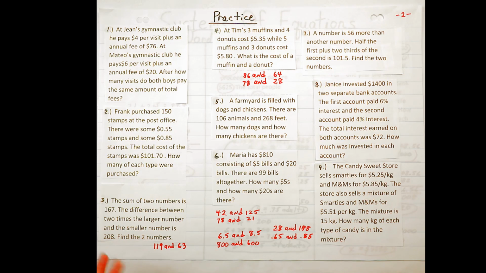Elimination and substitution, mix them up, and you're only going to get good at word problems if you practice them. Many of them are the same. There are some that are different and a little bit harder, but for the most part, they are straightforward.